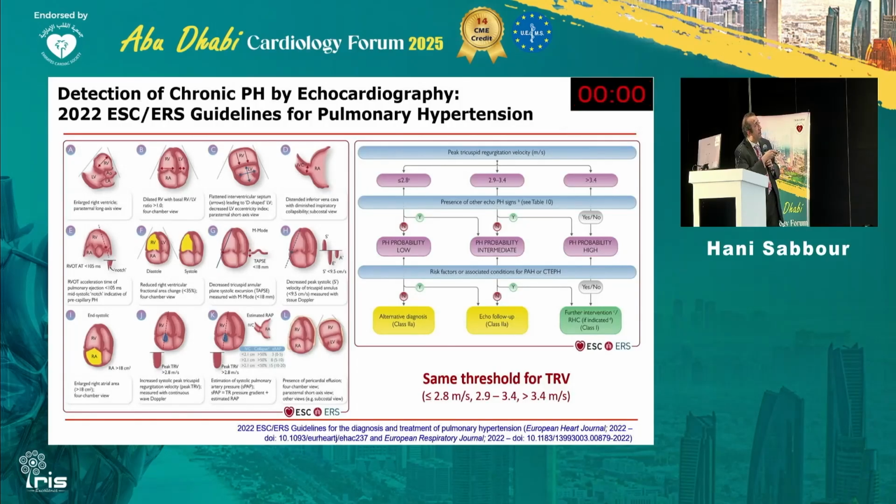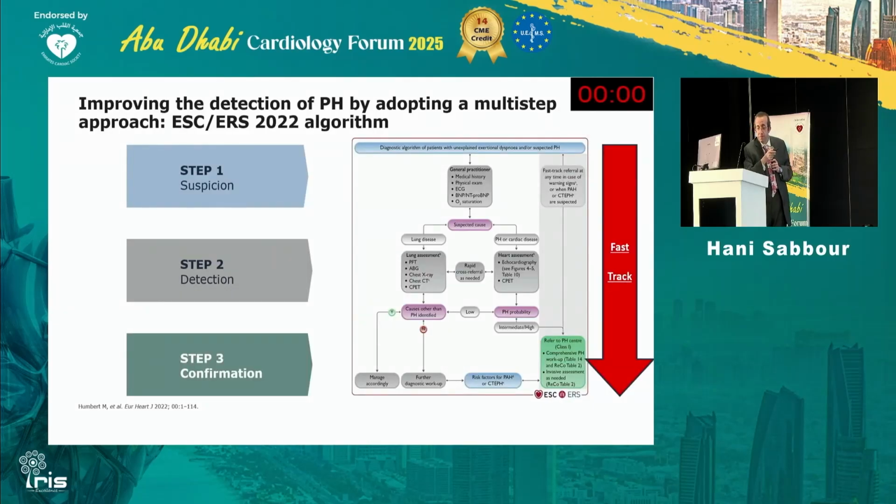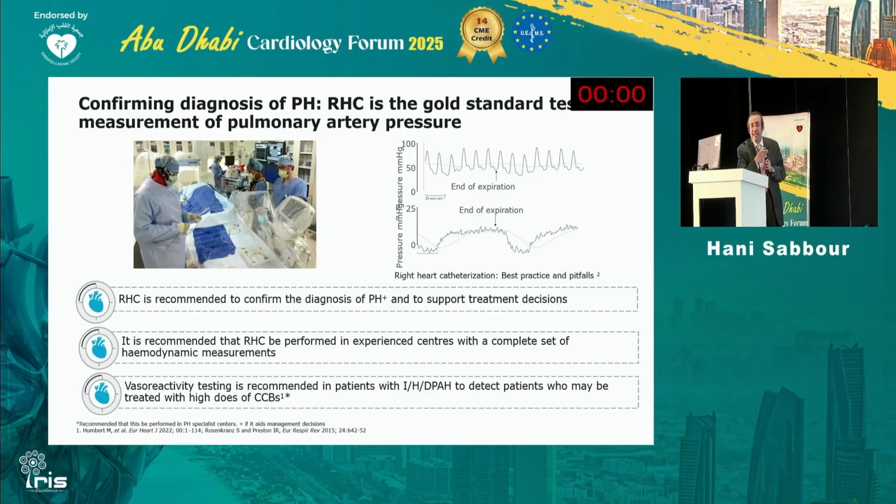These 12 things have to be reported on every single echo and every patient with dyspnea. I know it means a lot of work, but this is a standard echo. Look at these numbers. It's not just TR velocity anymore. And even as I said, if the TR velocity is not elevated, less than 2.8, you have any of these dilated chambers, echo leads to right heart cath. That's how it goes. So fast track is right heart cath.